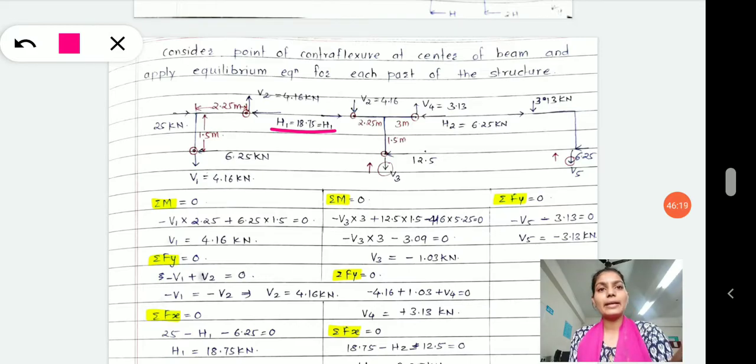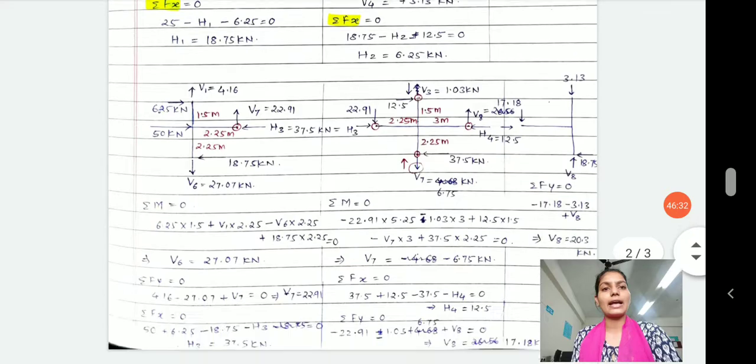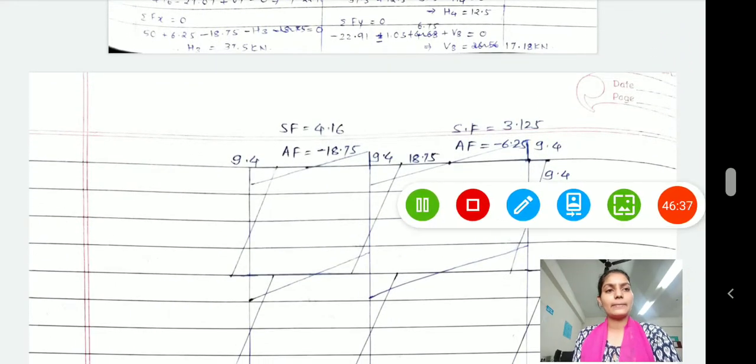Understood? So bending moment will be this force into perpendicular distance. Axial force will be the H force in a member, and shear force will be a force making an equal and opposite action on my members. So those forces I have represented in my shear force and bending moment diagram.